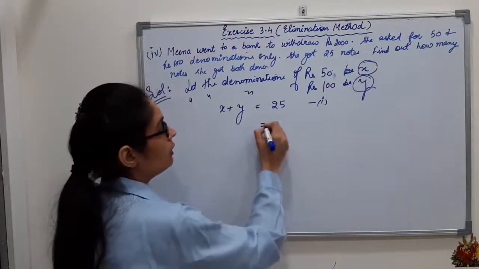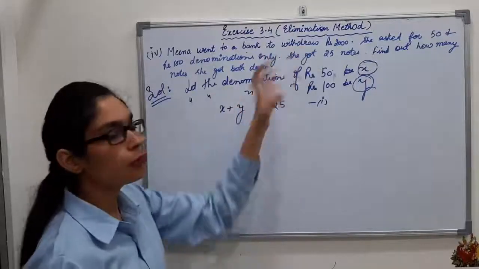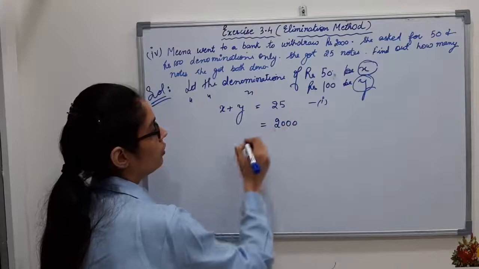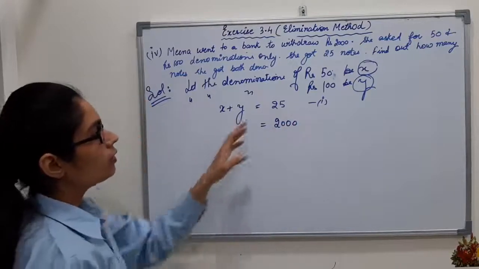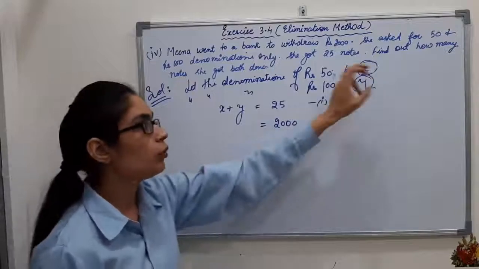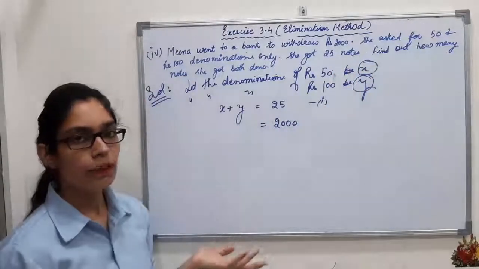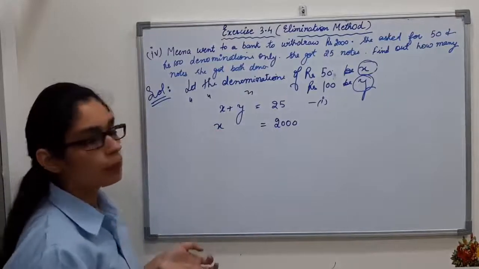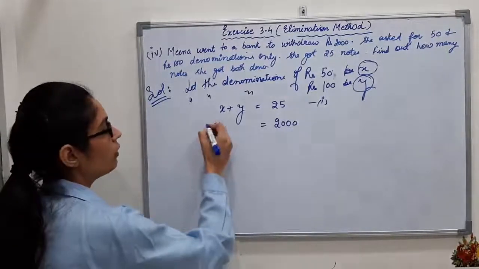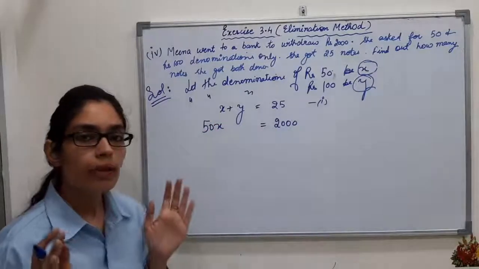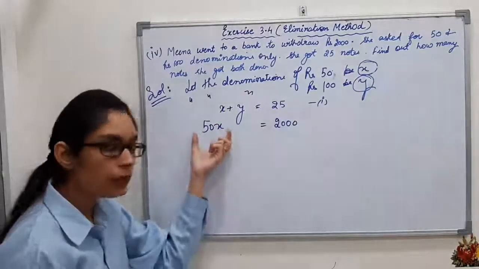Now the other thing they have asked is something about 2000. 2000 she went to withdraw. So X is my number of 50 rupee notes. If I multiply it with 50, I'll get the total amount for which 50 rupee notes are there.